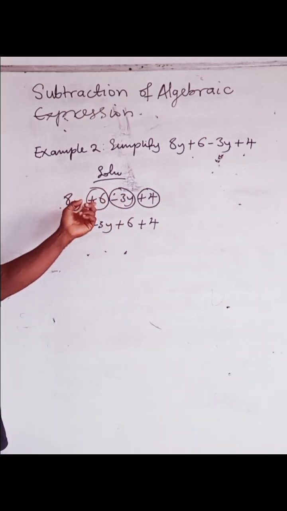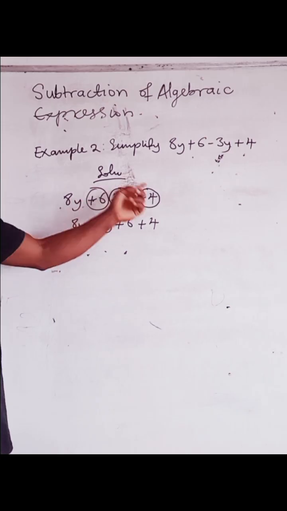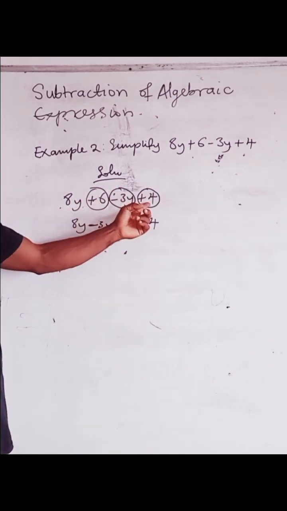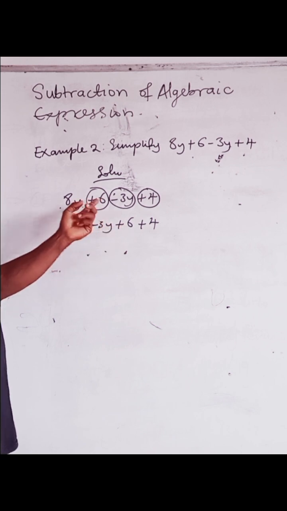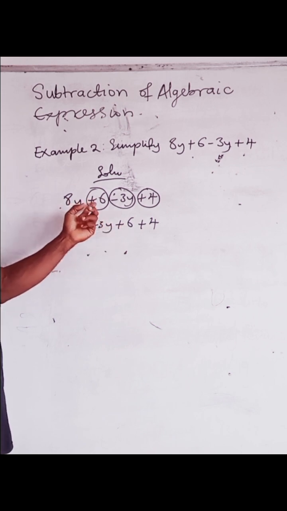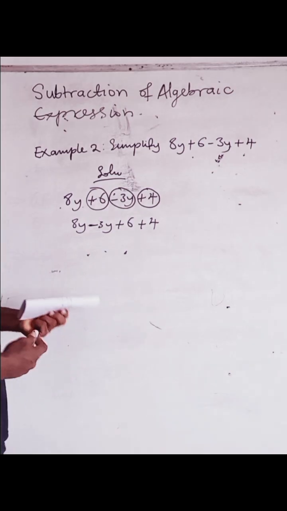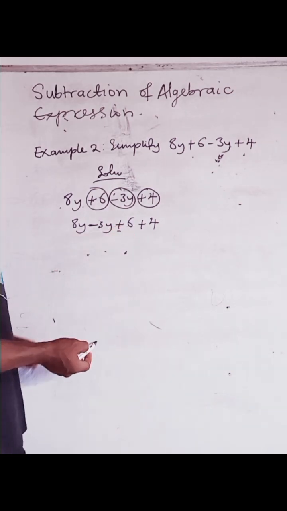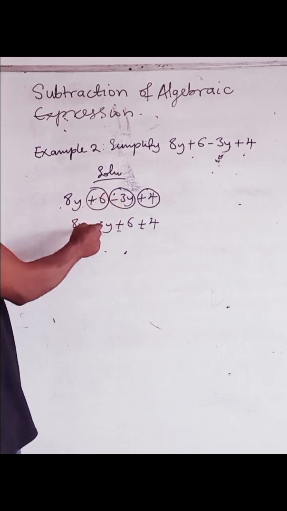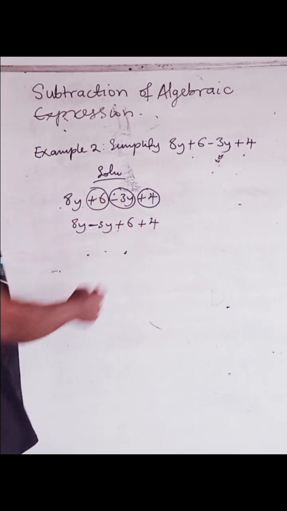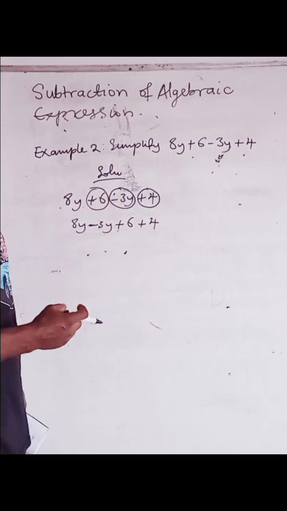As we are moving plus 6 to meet plus 4 on this side, because they are the same term, they are constants, this positive sign will also move along with 6. So that is how we have this positive sign here, plus 4 here, and negative 3. Please take note of that.